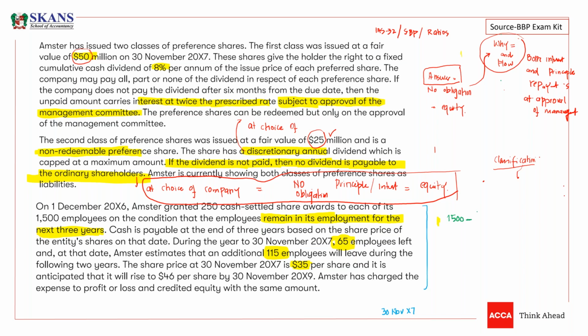We need to deduct 65 who have left the company, and 115 who we are expecting will leave the company. Into, we have how many share awards with each employee? It is 250. Now we need to multiply this with the year end value, which is 35, and this is going to be 1/3 or 1/2.